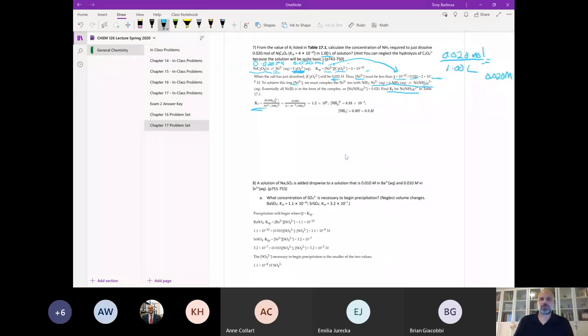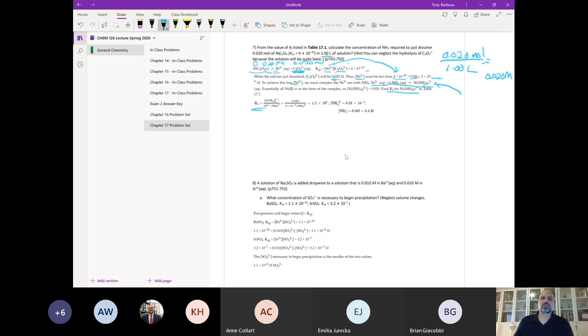When you're creating the complex in the second part of the equation, you make the assumption that the complex is completely formed. We covered that in class briefly today.